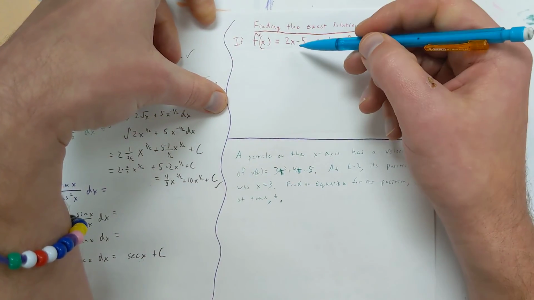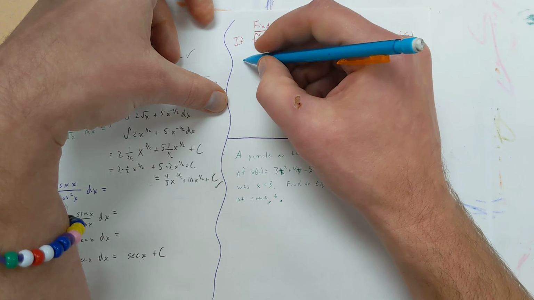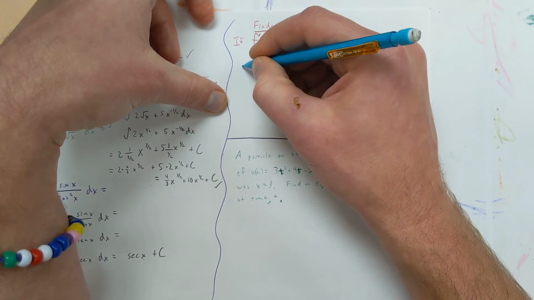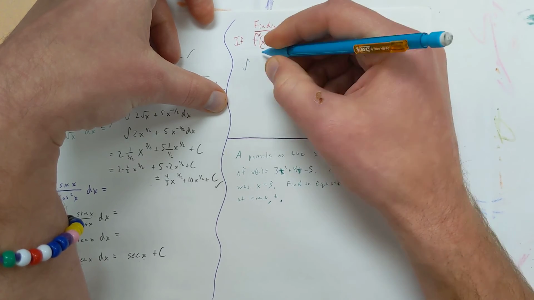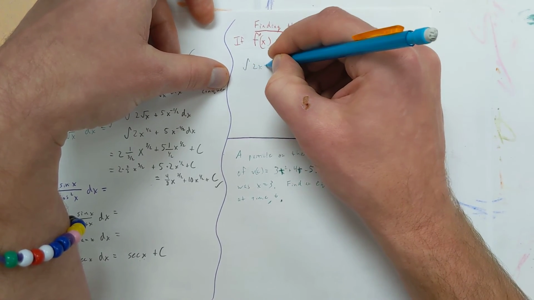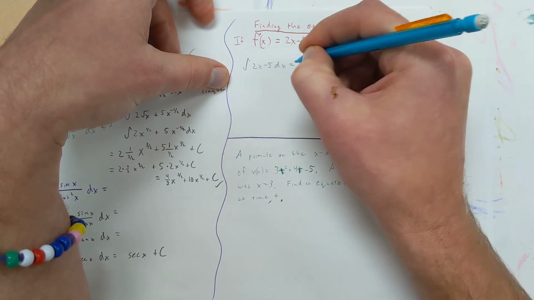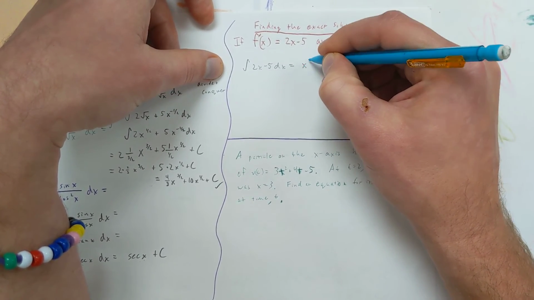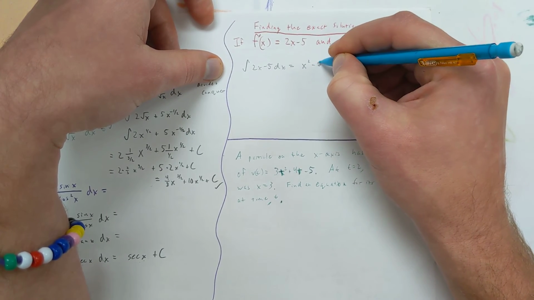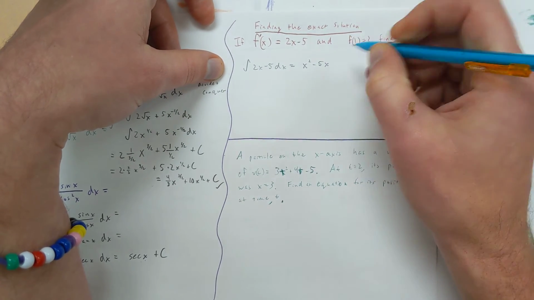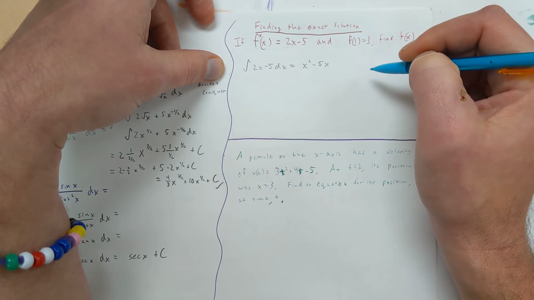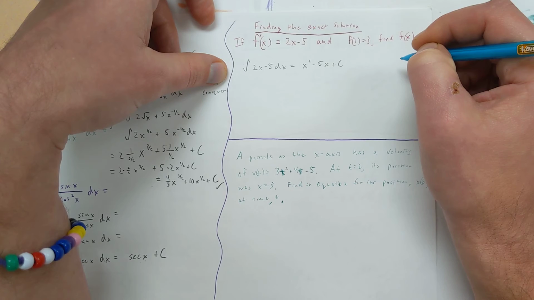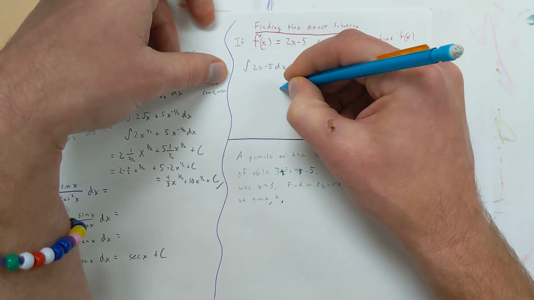So if f prime of x is equal to 2x minus 5, and I have to find f of x, well, let's see here. 2x minus 5 becomes x squared minus 5x, because the derivative of 5x is just 5, plus c. Okay. So this is f of x.